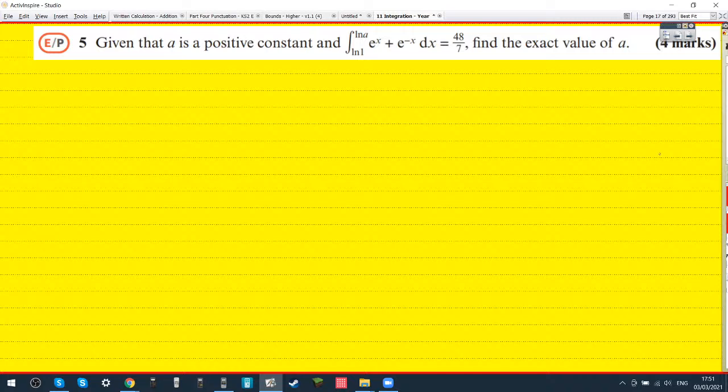I think if you integrate e to the x, it stays as e to the x. So e to the x plus e to the minus x. And what is the derivative of minus x?